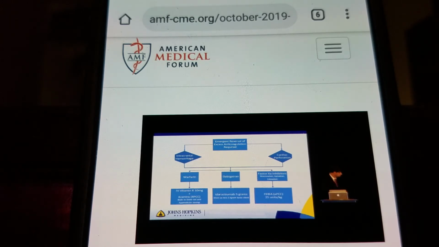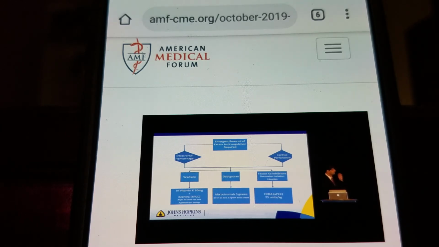If you're on warfarin, obviously you have to give them IV vitamin K, but we prefer a product called PCCs, which are prothrombin complex concentrates that only have 2, 7, 9, and 10. All the other factors have mostly been removed. So we prefer PCCs to fresh frozen plasma, to FFP, for treating warfarin-caused life-threatening bleeds.